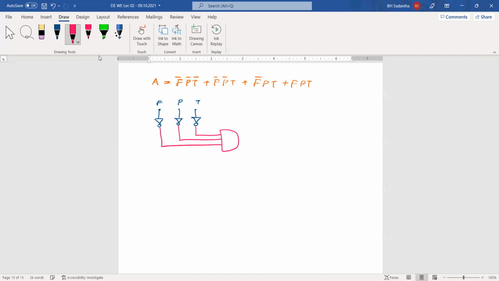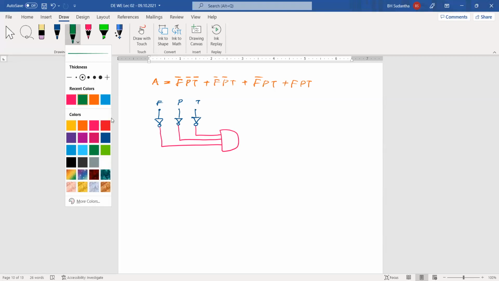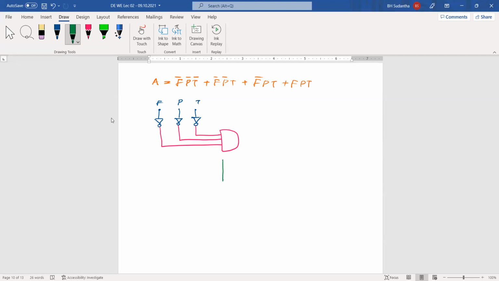This is F bar. And second, we try to make the second term. This is F bar, P bar, T. We can take T from that point. And here we have P bar. And this is F bar.